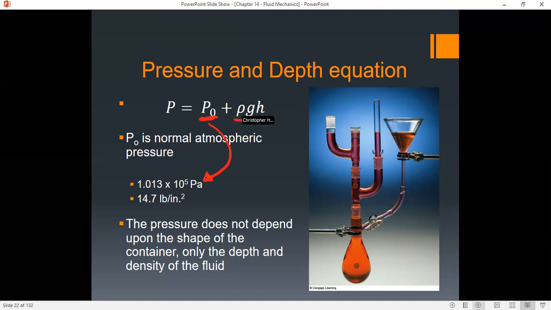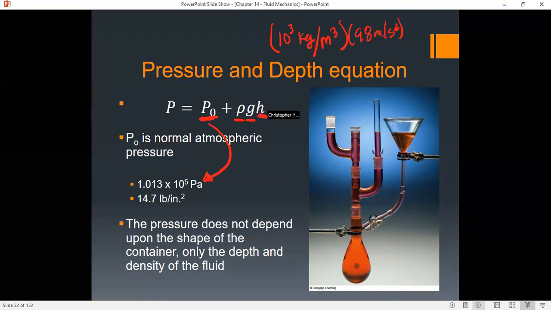We're talking about liquid water, we're usually talking about a density of 1,000 kilograms per meter cubed. So there's your density right there. Times the acceleration of gravity. So that's 9.8 meters per second squared, almost 10.